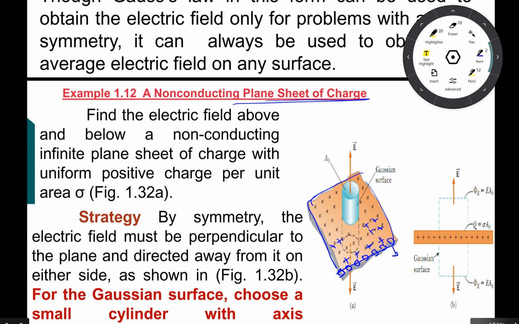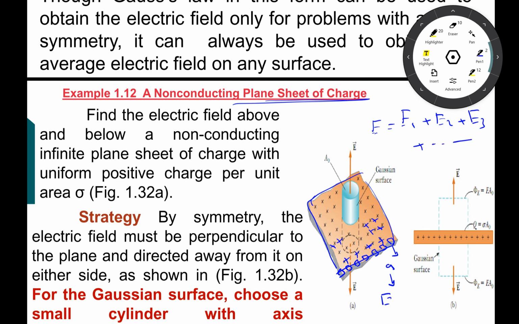Each element has a charge Q, and one can calculate the electric field of each element, and at the end calculate the total electric field around this sheet by summing all electric fields coming from all elements.